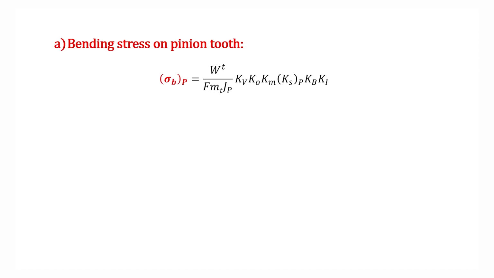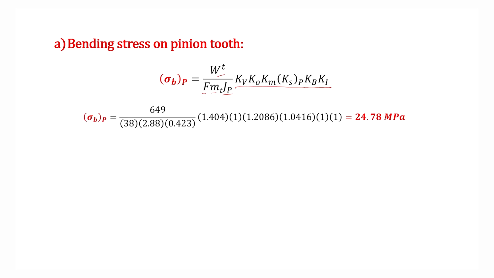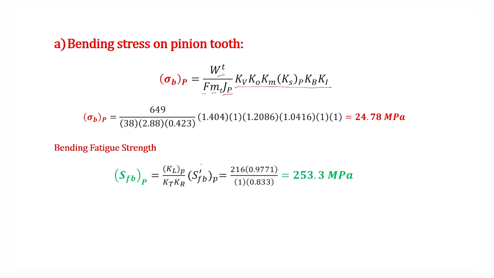Now, after knowing all the factors, the bending stress on the pinion tooth, we can find from MT, F, WT, which is 24.78. And the bending fatigue strength, we had determined this SFB dash, and the life factor, and the temperature factor will be 1 because temperature is less than 120 degrees centigrade, and this Kr reliability factor we have determined.